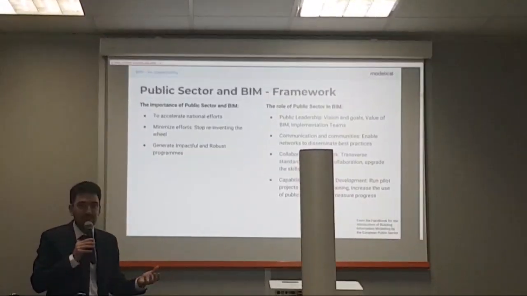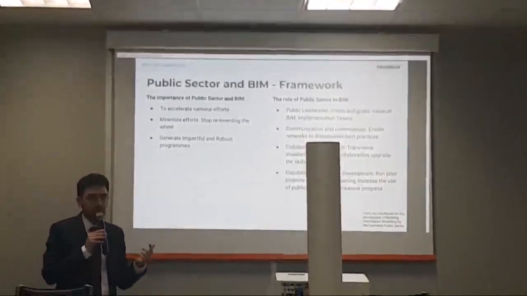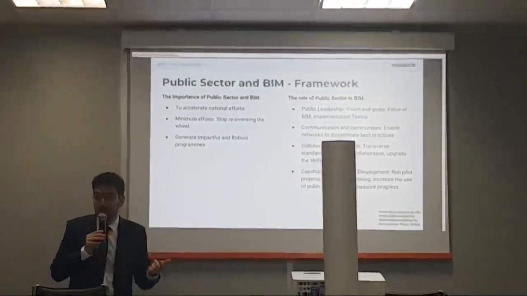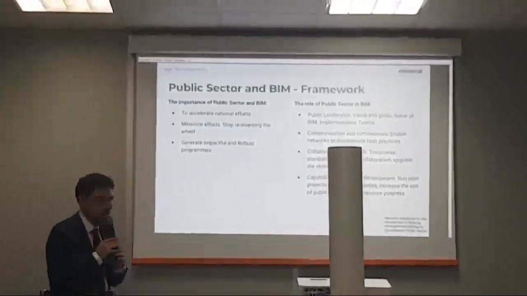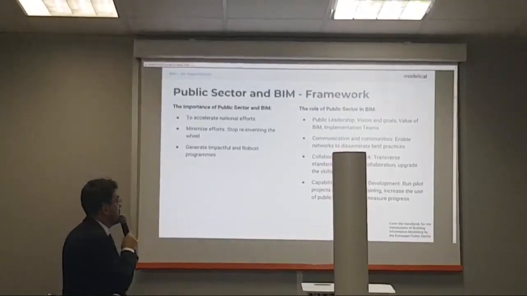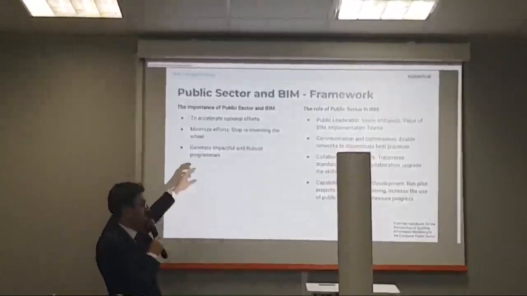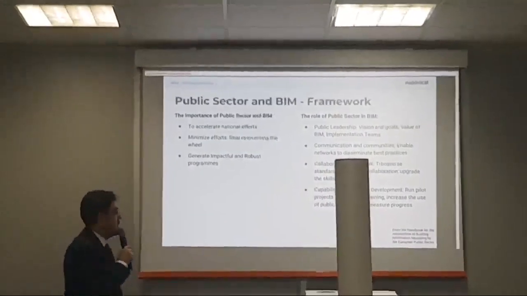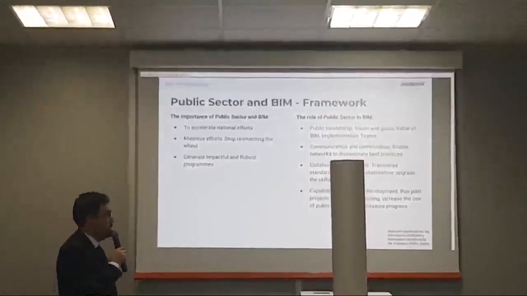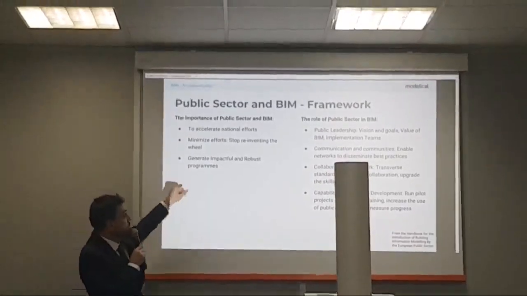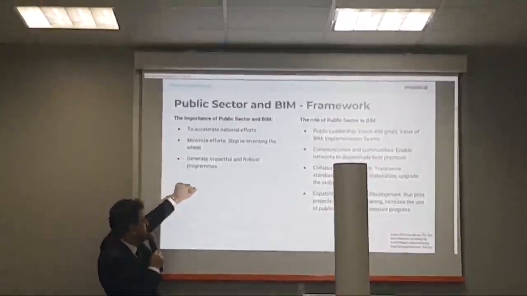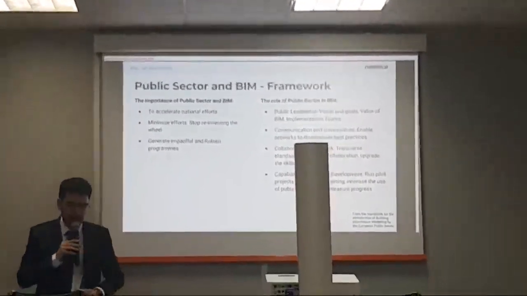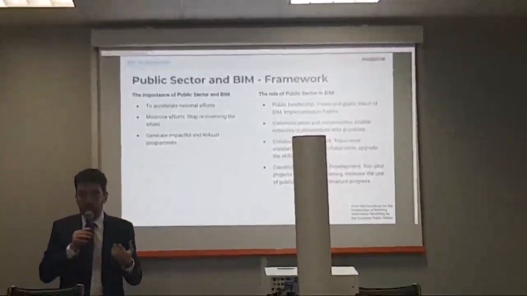Let's create one that equals all of them. Then what do you have? 35 standards, right? So you have to stop reinventing the wheel. And since the public sector covers all the stages and all the palette of projects, you can act on it and generate impactful and robust programs. What does that mean? Consistent information.